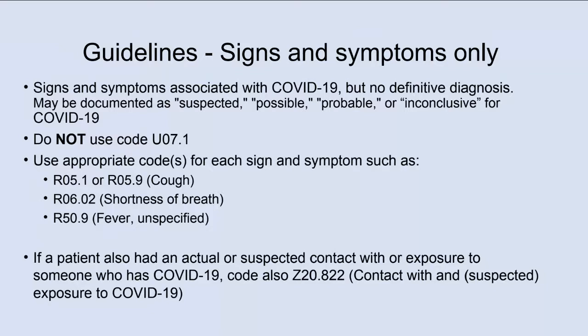These are some of the possible signs and symptoms that you might get. There may be others. If the patient also had actual or suspected contact with or exposure to someone who had COVID-19, code also Z20.822. And we're going to talk more about the Z codes later on.